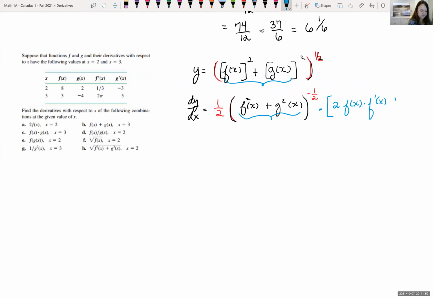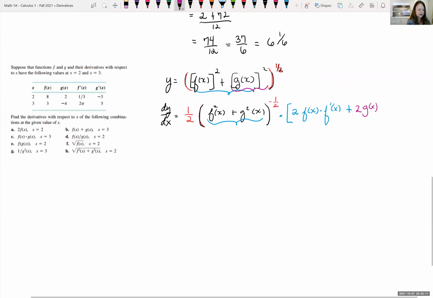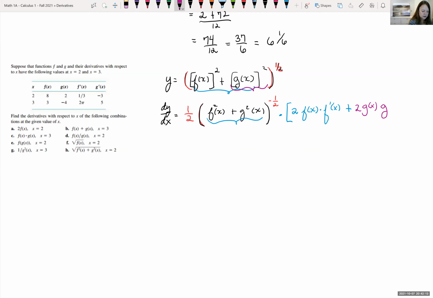Plus, so taking the derivative of g of x squared, using the chain rule, bring down the 2, of g of x. Subtract 1 from my exponent, it's just 1, times the derivative of the inside. And the inside was g of x, so g prime of x.